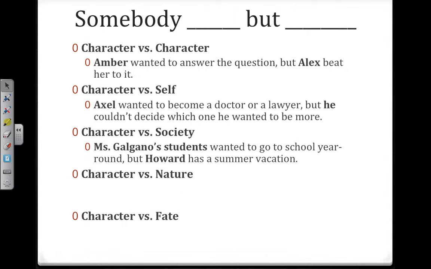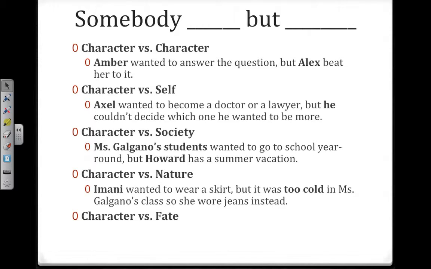With character versus society, you could have Miss Galgano's students wanted to go to school year-round, but Howard has summer vacation. So in that case, it's you as my students versus the entire society of Howard High School. Character versus nature might look like Amani wanted to wear a skirt, but it was too cold in Miss Galgano's class, so she wore jeans instead, in which case it's the natural elements of my classroom, the temperature, that gets in the way of Amani's desires.